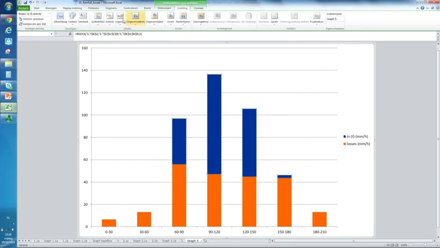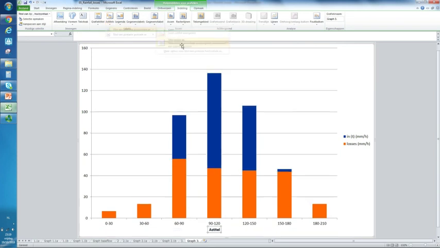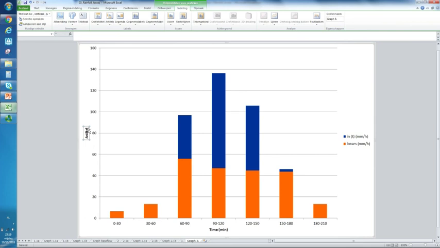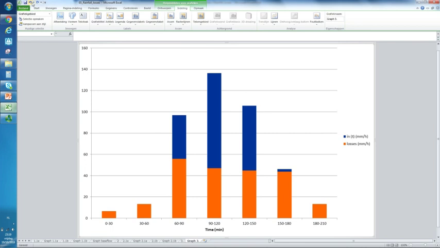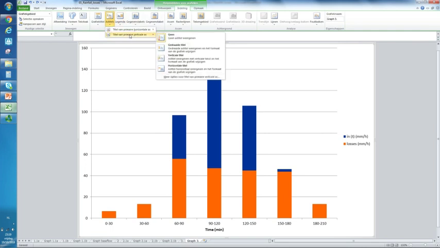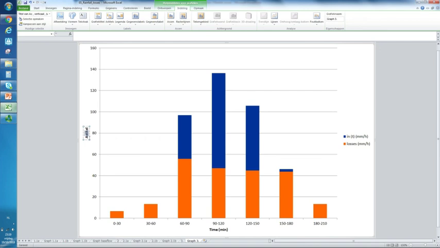We add axis titles. This will be time in minutes. And the other one is precipitation in millimeters per hour.